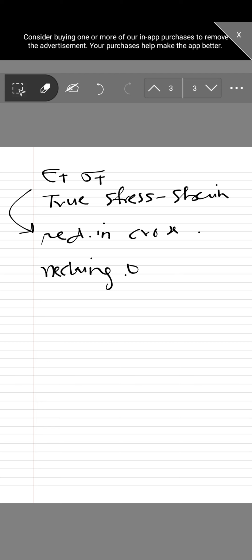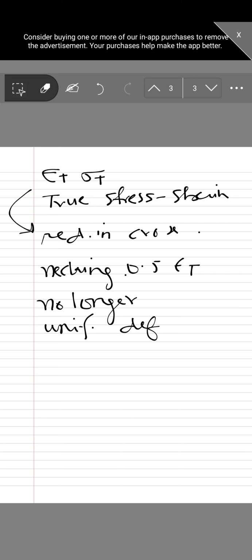So when the true strain has gone beyond 0.5, there is no longer uniform deformation taking place.